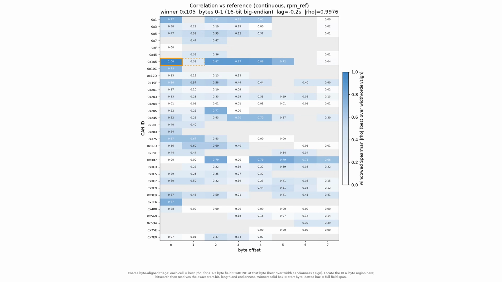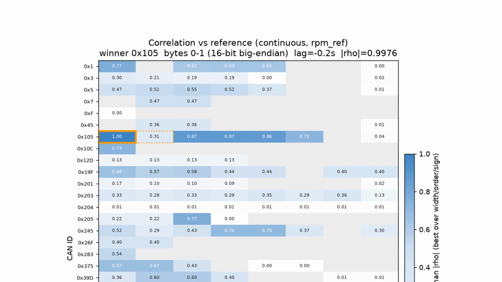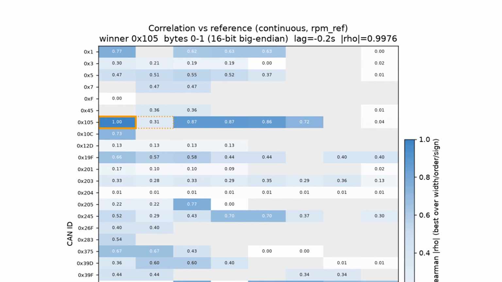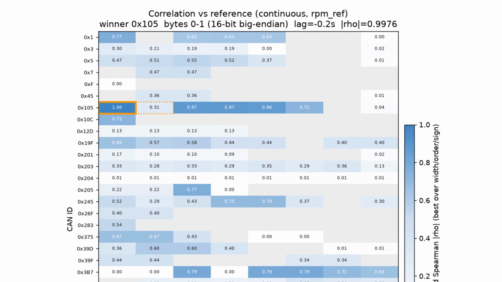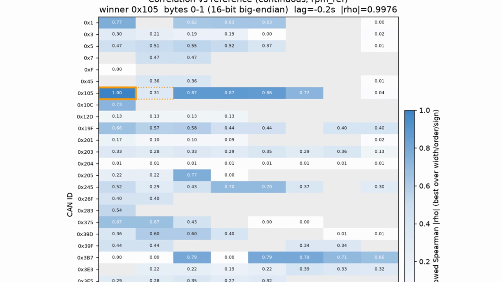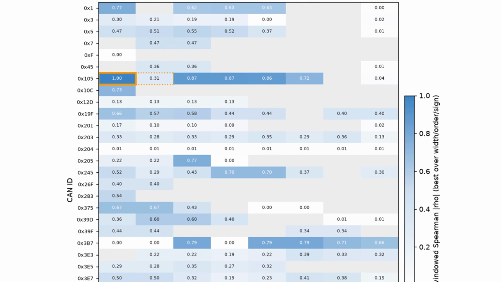Once we've done that step, Claude will do a correlation analysis, and in here it will essentially rank different candidate fields. So that will be byte chunks of the data, and it will try and look at how well these correlate against the reference signal without having to take into account the scale and the offset, because we do not know that information yet.